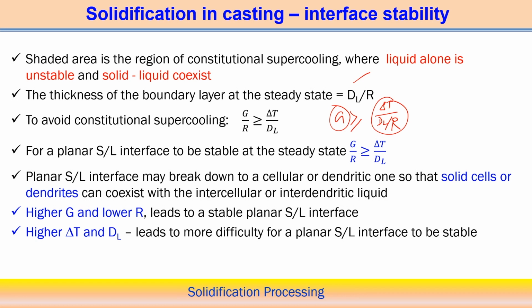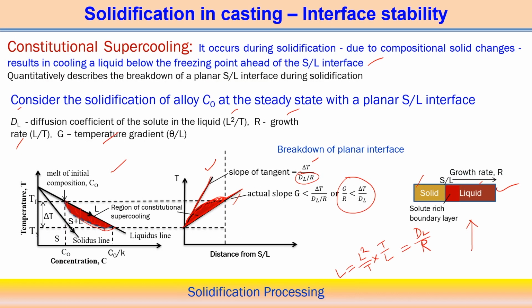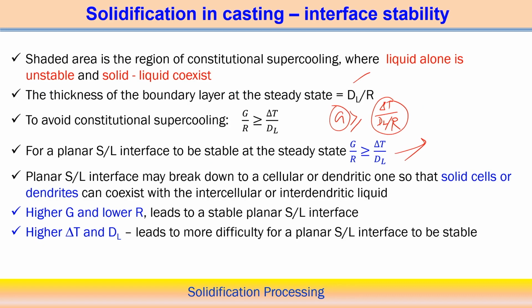This condition indicates the planar solid liquid interface will be stable. The other condition we discussed in the last slide, G by R less than delta T by DL, actually indicates the breakdown of the planar interface, having a certain amount of constitutional supercooling.